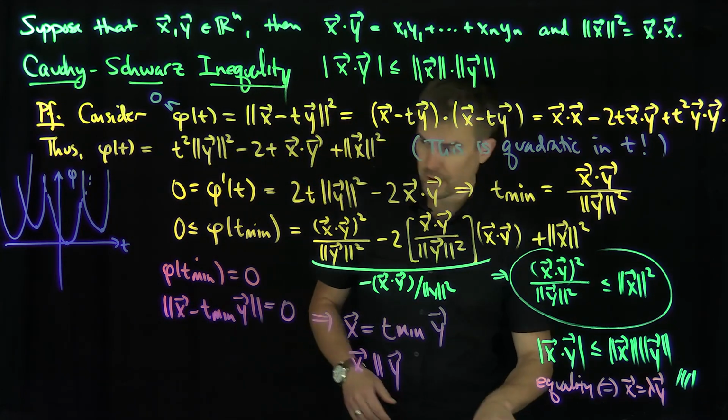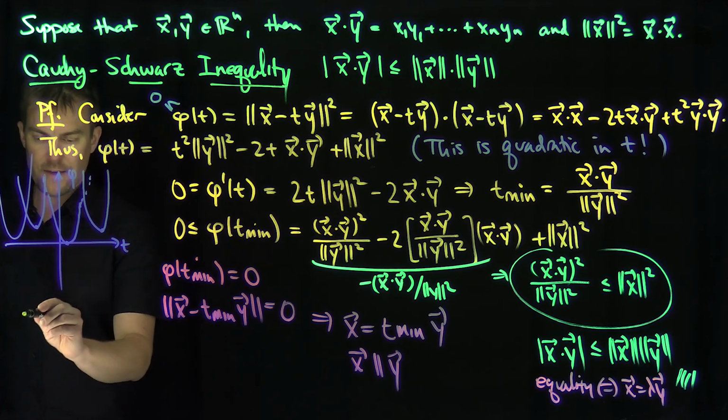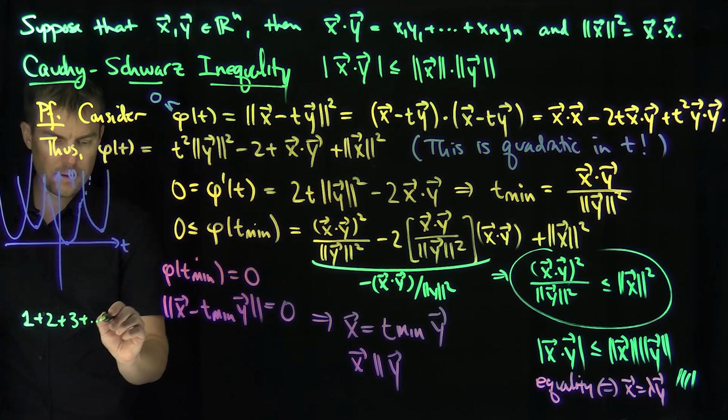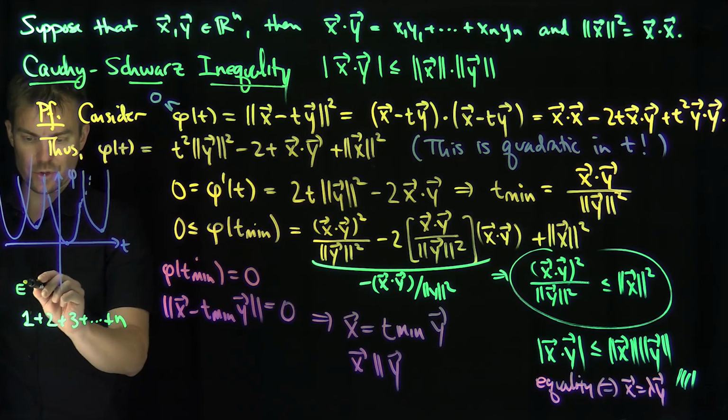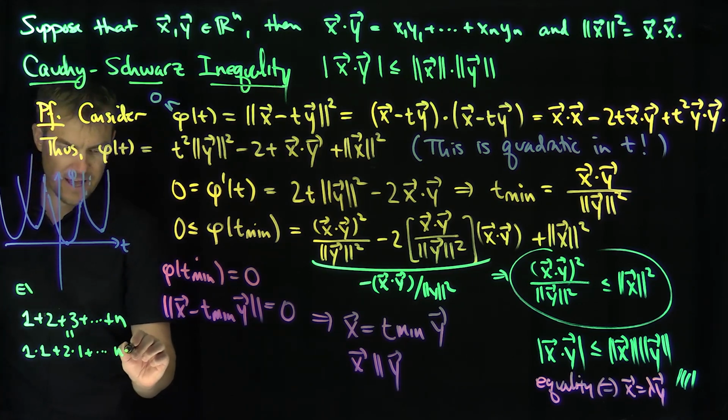Now there are lots of cute applications of Cauchy-Schwarz. So one cute application is the following. If you look at 1 plus 2 plus 3 plus up to n, this can be written as 1 times 1 plus 2 times 1 plus up to n times 1.